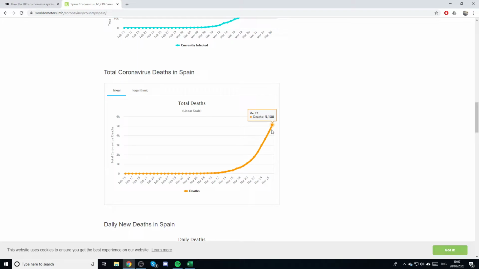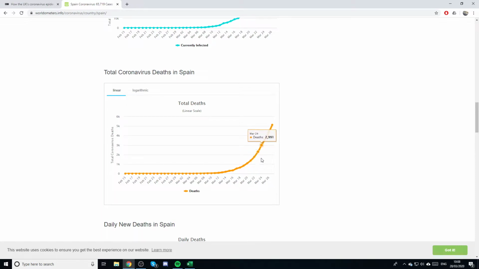How many days do we go back to take that? 1, 2, 3, 4. 4 days. Now, they didn't lock down as quickly as Italy. Let's take it 3,000. How many days back to 1800? 1, 2, 3. 3 and a bit.